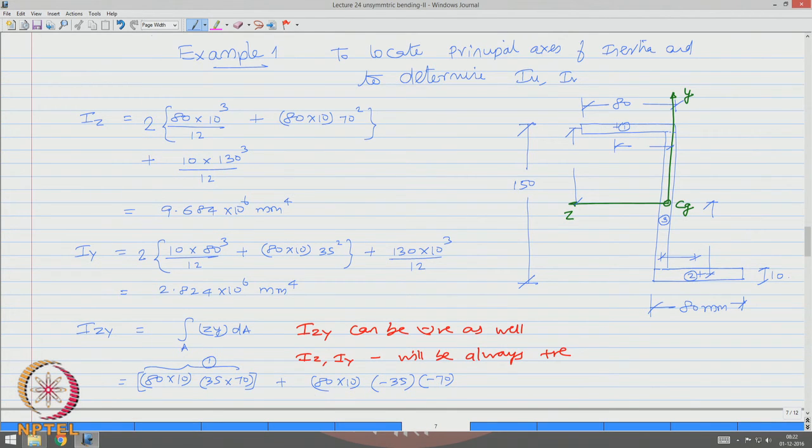This is for member 2. For the web, the zy coordinates will match, and therefore it is 0 for member 3. Summing up, we get I zy as positive 3.92 × 10⁶ mm⁴.